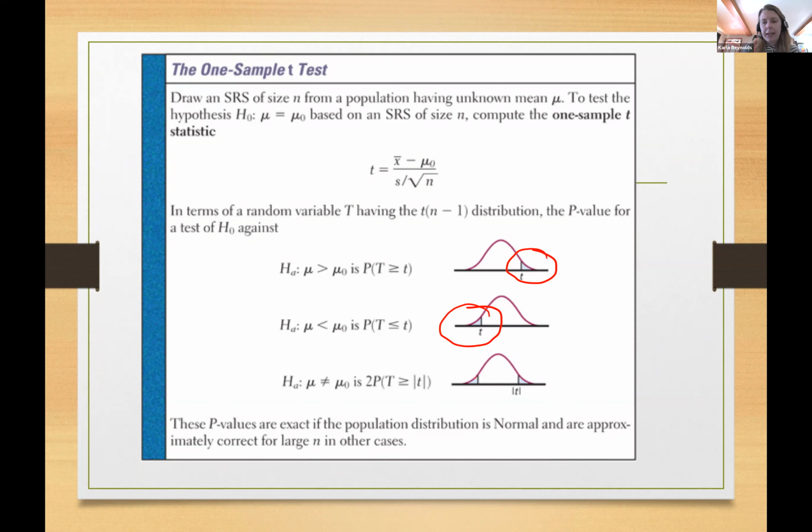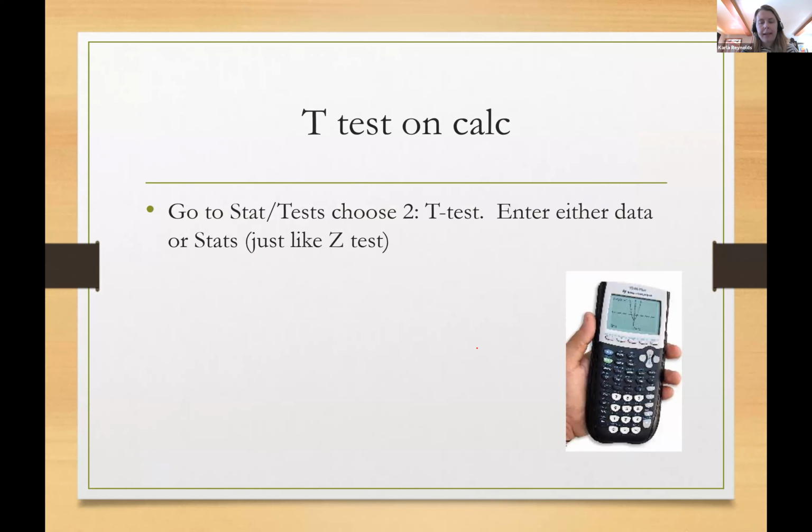If you're doing two-tailed, you can just find one side and then double it because it's going to be symmetrical. If you use the t-test button in your calculator, no worries, you will get the p-value out from your t-test. This is under your stat test option, right below the z-test button.